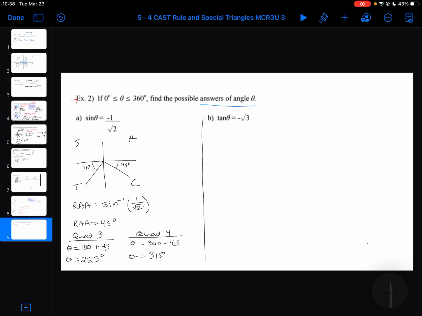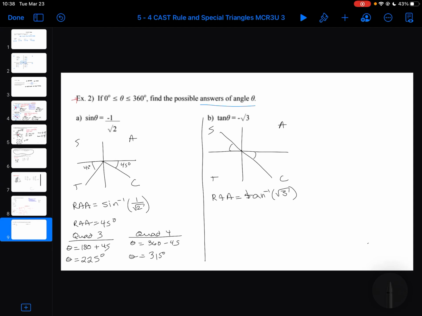The last example that we'll do here is tan theta. So just like in A, I am going to figure out where the tan ratio is negative. It's negative in the second quadrant and in the fourth quadrant. Next thing that I'm going to do is look for my related acute angle. So my related acute angle, I'm going to do the tan inverse of the positive value here.